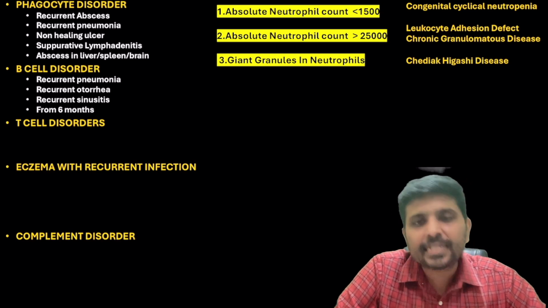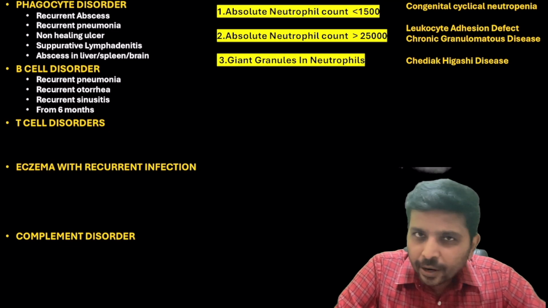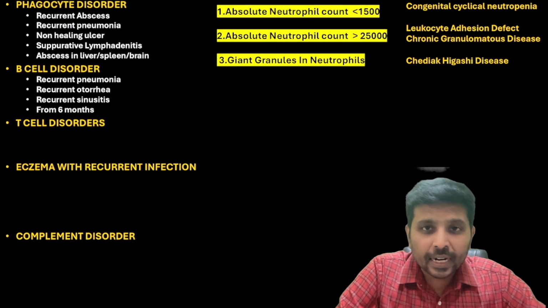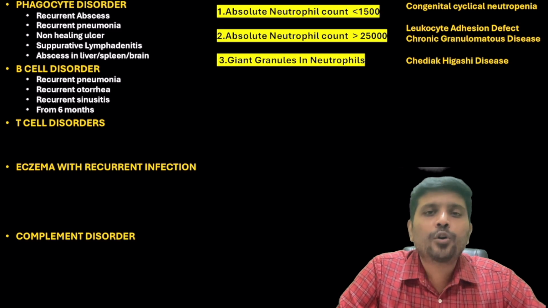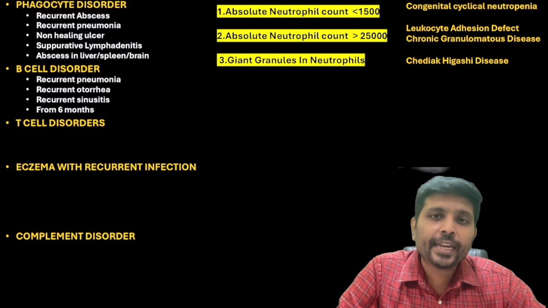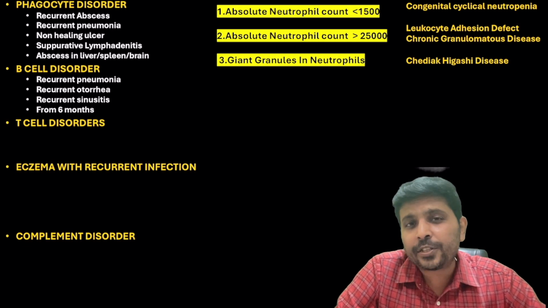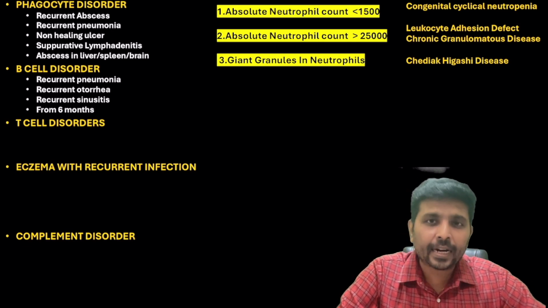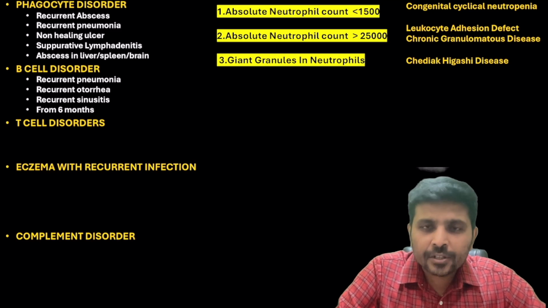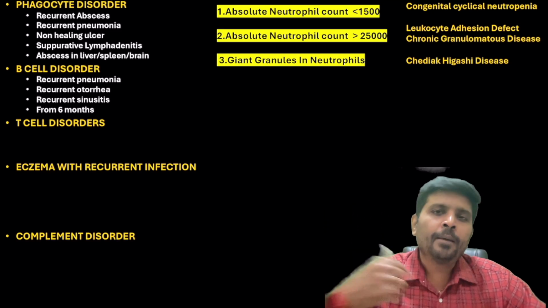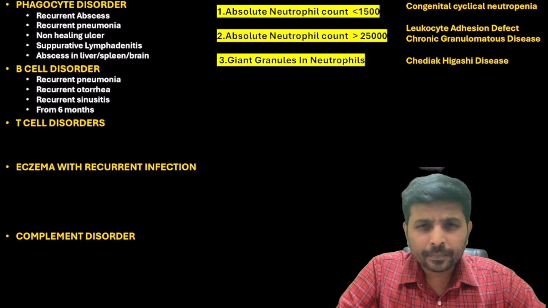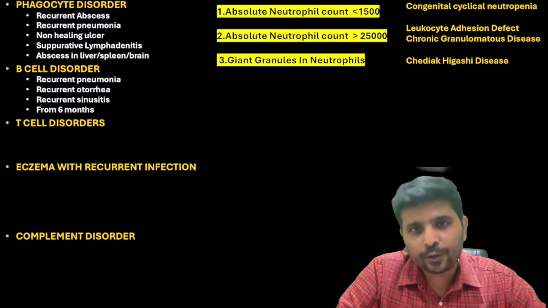When B cells don't work, your antibodies are not produced, so you will get recurrent pneumococcal infections or recurrent Haemophilus influenzae infections. And these infections usually produce recurrent OPS. O means recurrent otitis media, P means recurrent pneumonia, S means recurrent sinusitis.